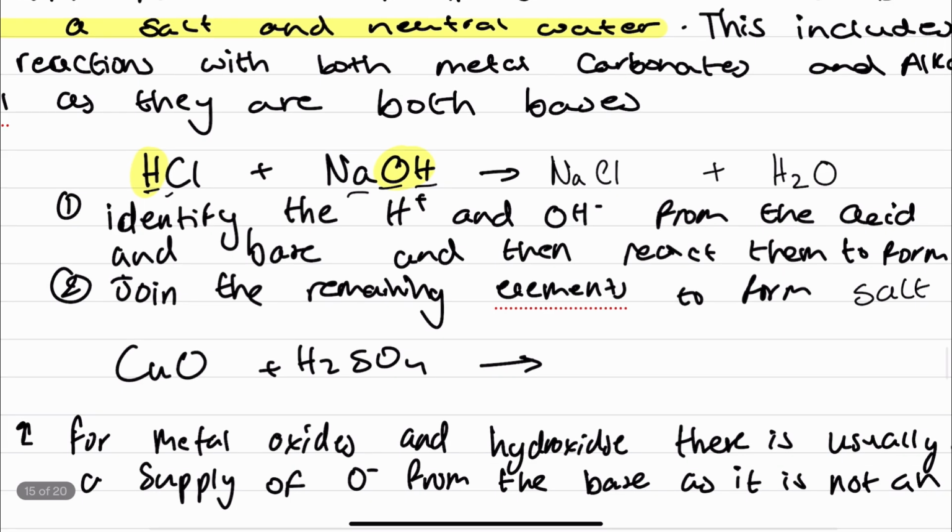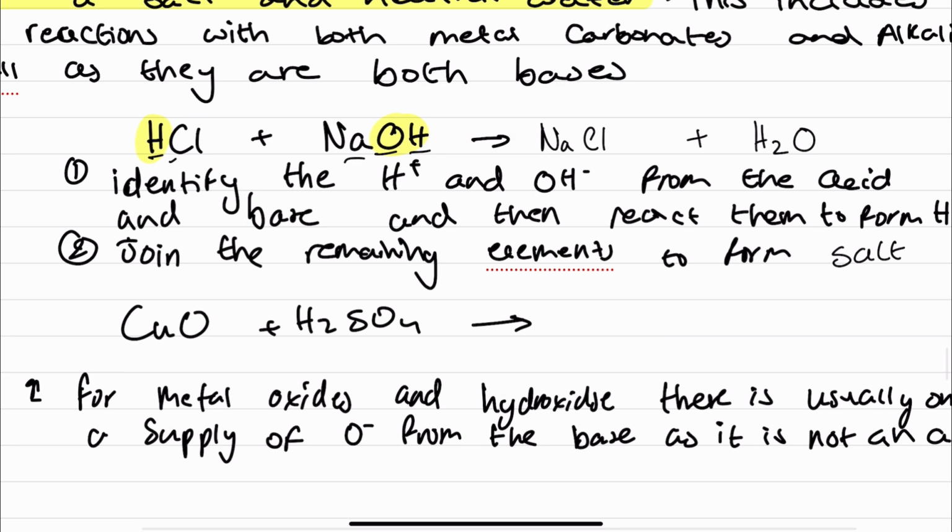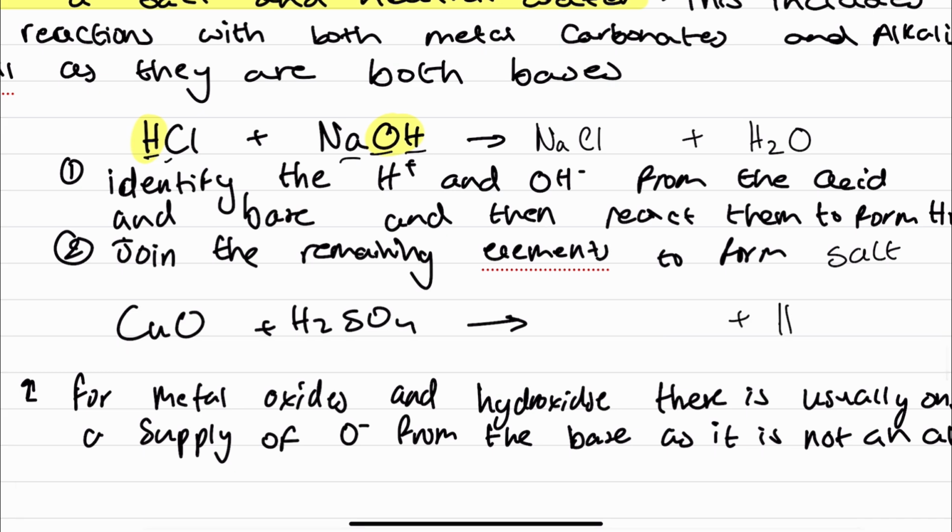However, with metal oxides and metal hydroxides, there is a different rule. That's because there's usually only a supply of O2- from the metal oxides and metal hydroxides, as said in that comment below. So to do this, we can simply write out plus H2O, because we know H2O will always be given off, and then work backwards from here to understand what the remaining elements would be.